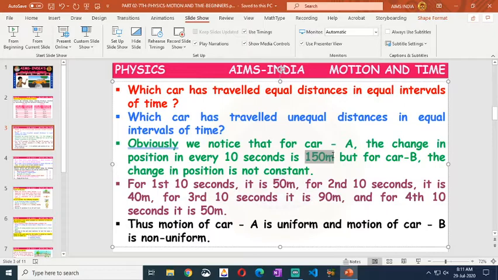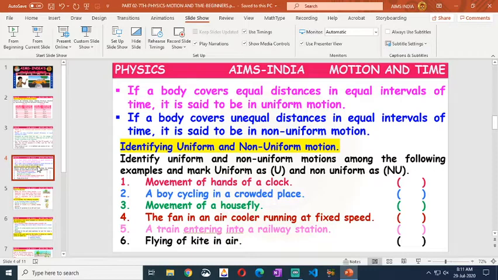So it is in uniform motion. Car B has covered unequal distances in equal intervals of time. So we can tell that it is in non-uniform motion.